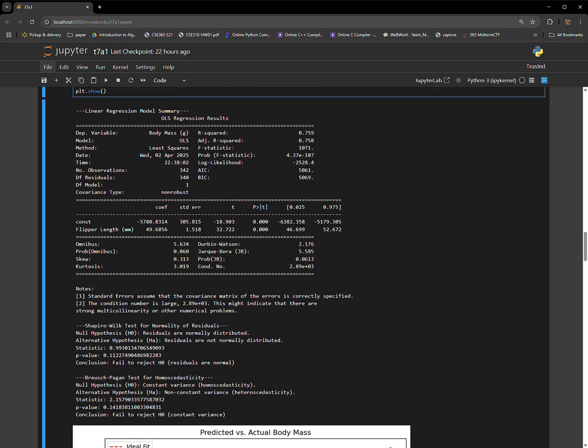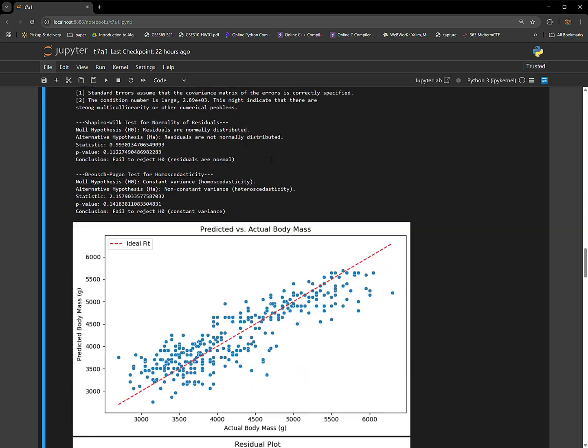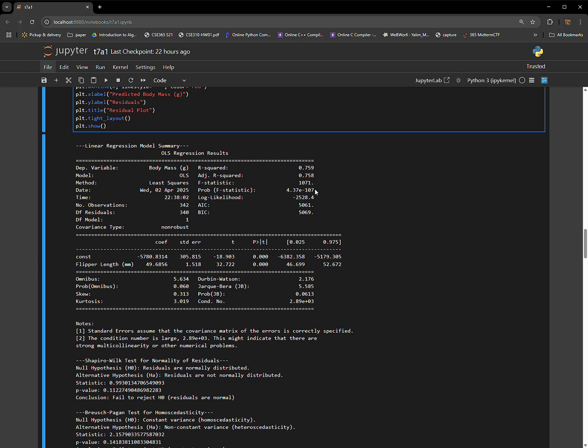Looking over the linear regression model results here, we can see we have a very low probability statistic, which is found here for our F statistic. We also have the coefficients, and we can see that the flipper length has a probability less than 0.05, indicating that it is useful for predicting the body mass.